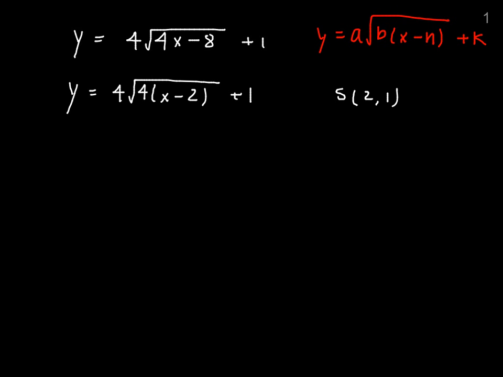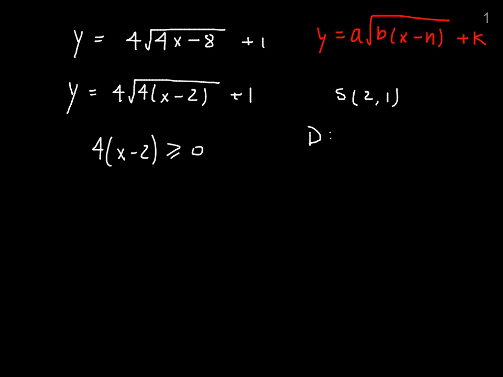Alright. Now let's try to describe the domain of this function. So the domain, which I'll call D. Well, to find the domain, what I do is I find the restrictions of my graph. What that means is whatever's under the square root has to be greater than or equal to 0. It can't be negative. So 4 times (x minus 2) has to be greater than or equal to 0.